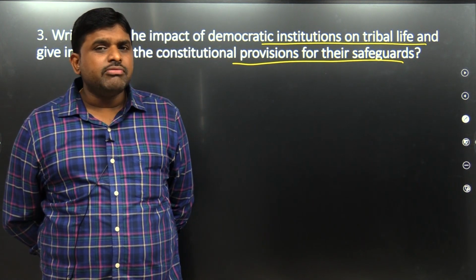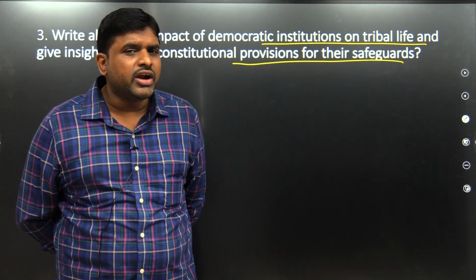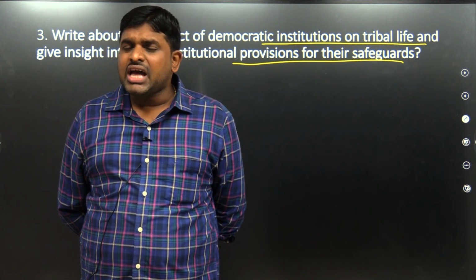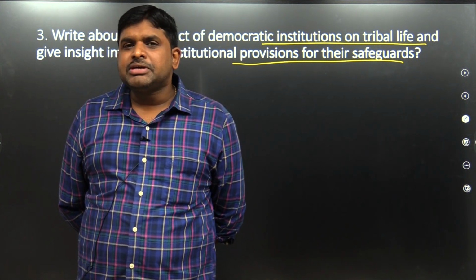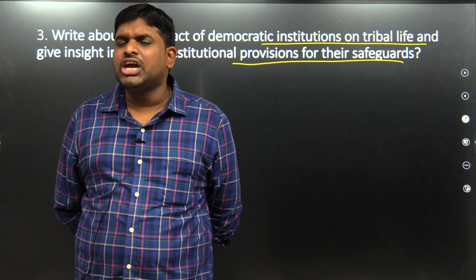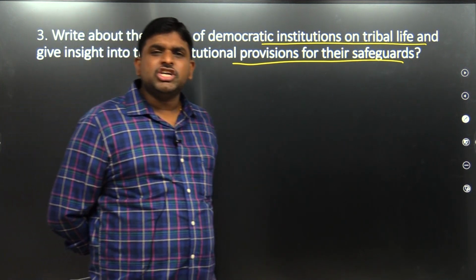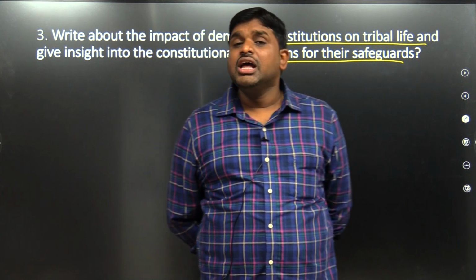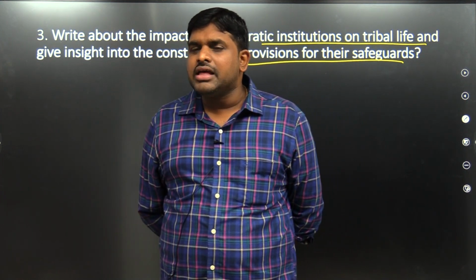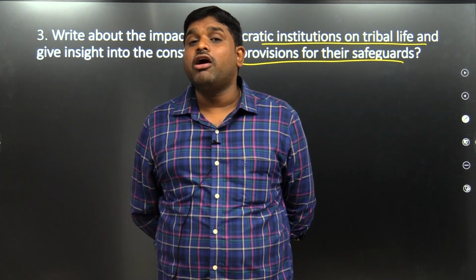But in 1996 we made the PESA Act, the Panchayati Raj Extension to Scheduled Areas Act of 1996. This PESA Act applied Panchayati Raj institutions, or modern democratic institutions, into Schedule 5 and Schedule 6 areas, because of which the traditional panchayats in tribal societies got impacted.